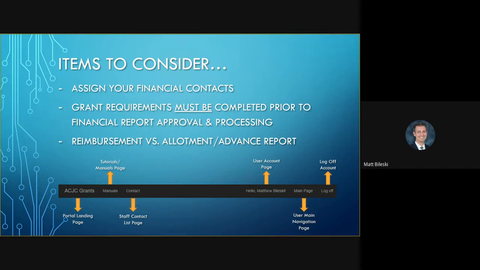If you have any questions for staff, please click on that contact section. That will take you to our contact list where you can reach out to individual members of Acjc for the specific questions that you might have. And then on the right side, if you click on Hello Matthew Bileski there, or whatever your name is for your user account, that's where you can go access account information.